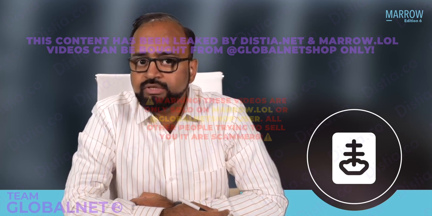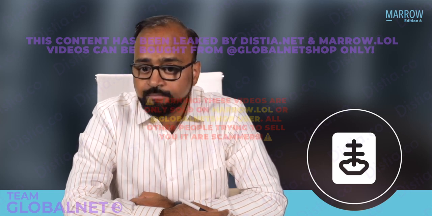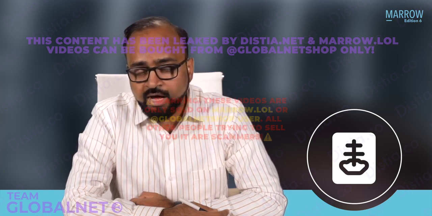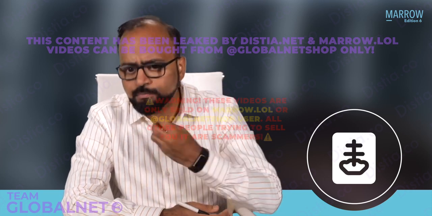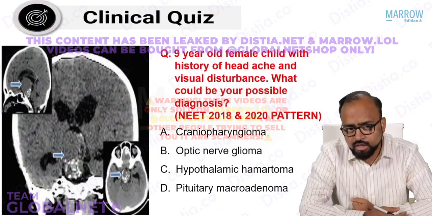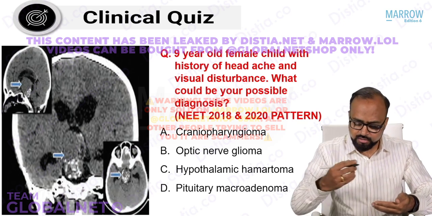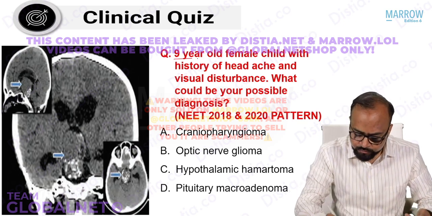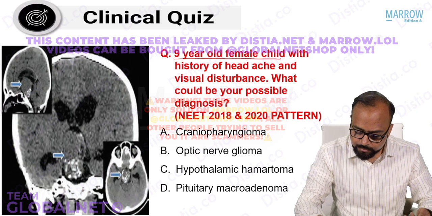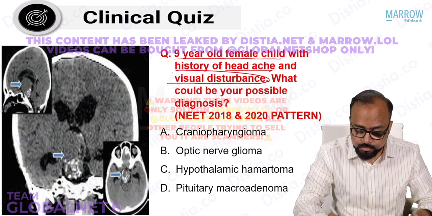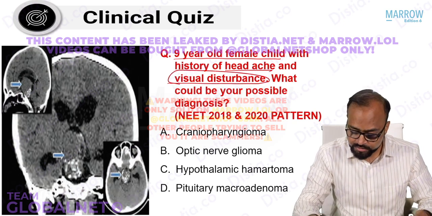So what we will do in this particular session is follow a pattern-based approach. I want you to realize that there are a handful of important diagnoses which are very frequently asked. Like in this case, this is a frequently asked question in which they give you a history of a child who presents with headache and visual disturbance because the optic chiasma is getting compressed.